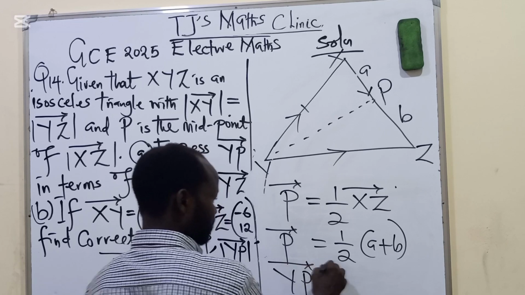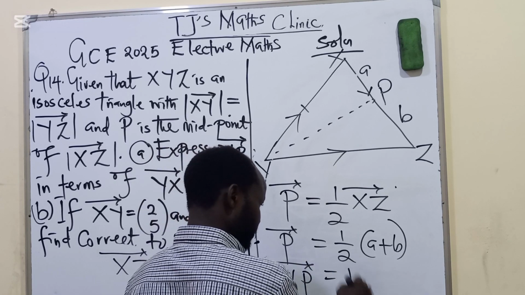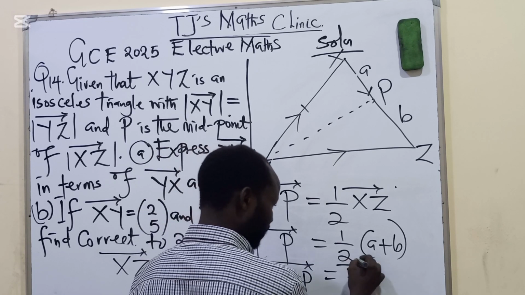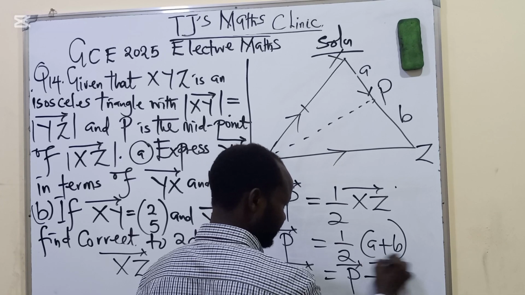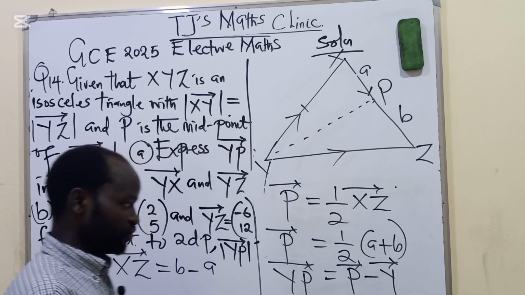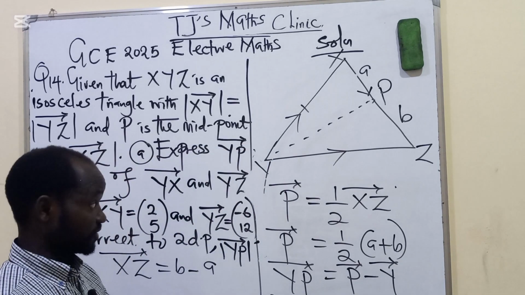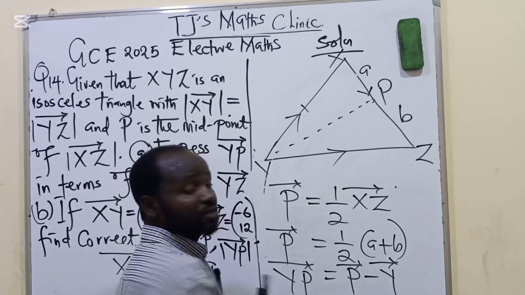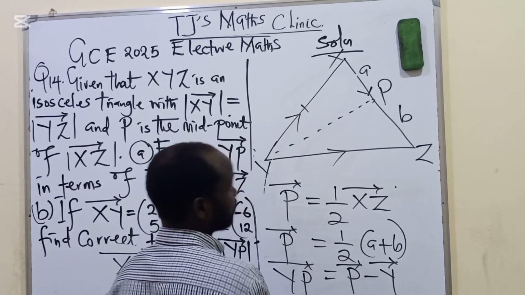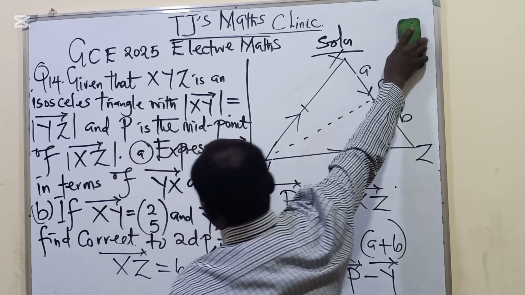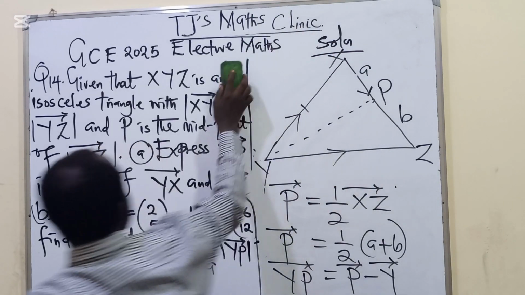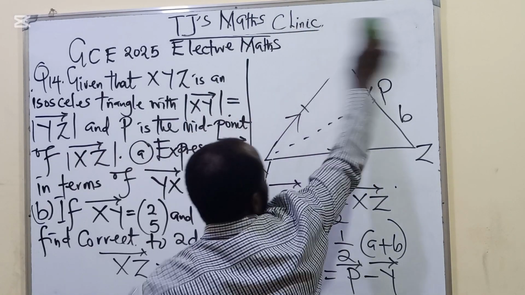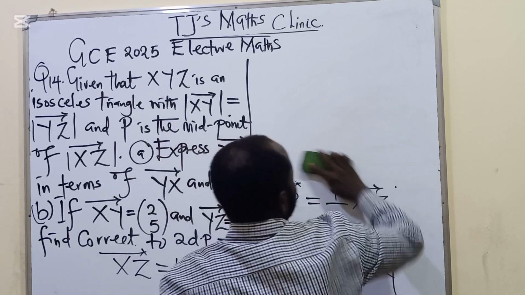Again, we're looking for yp. Vector yp will be equal to vector P minus vector y relative to the original. Since y is the origin, the position vector of yp will be vector p minus vector y. Let me clean the drawing so that we can move up here.